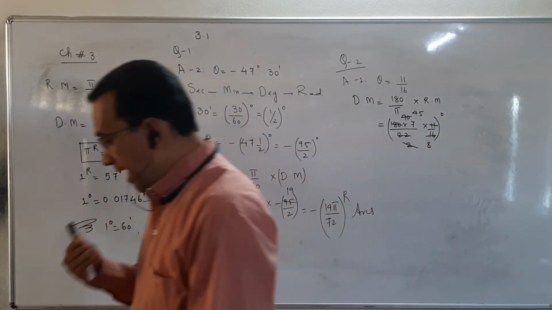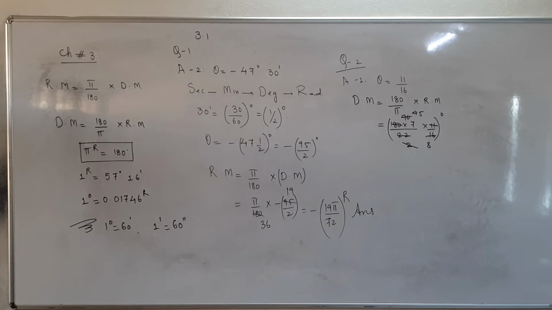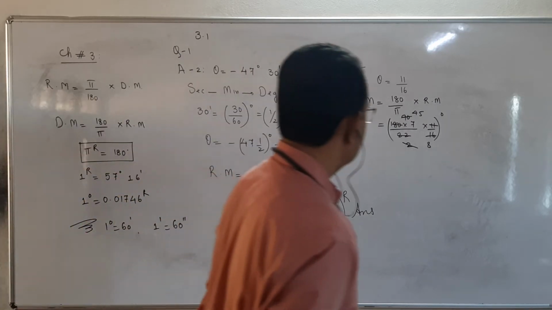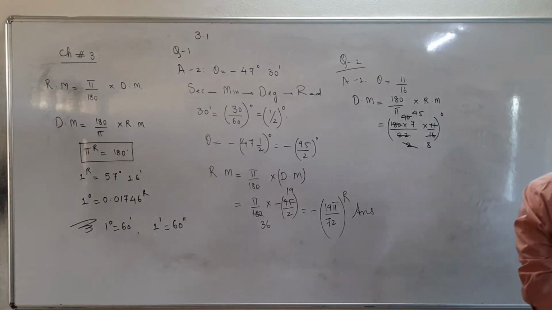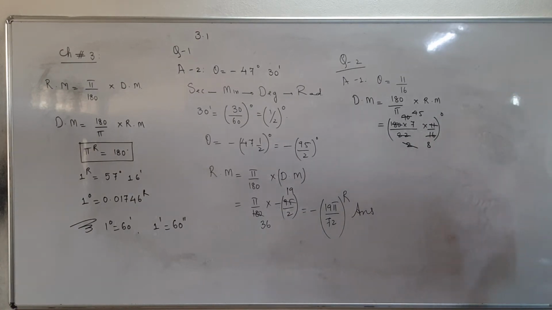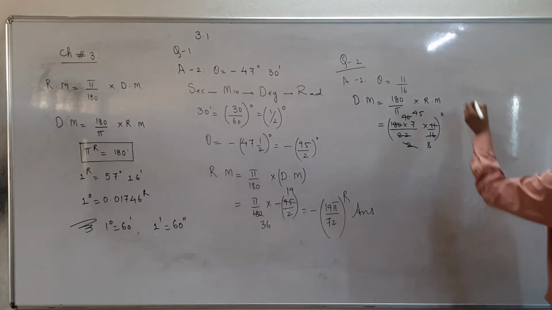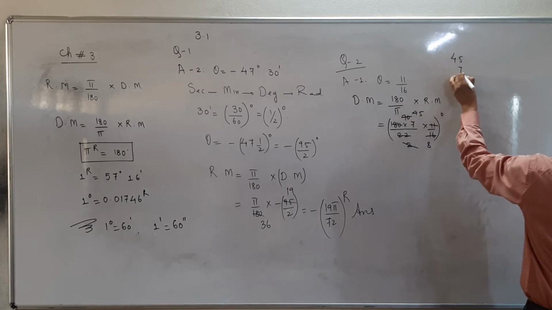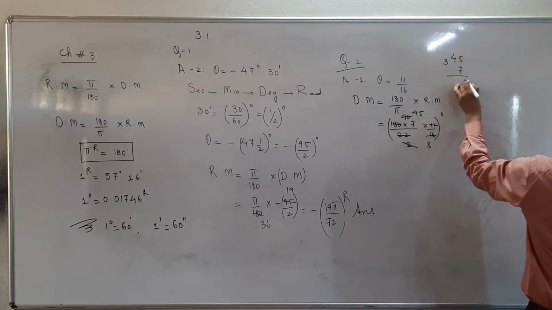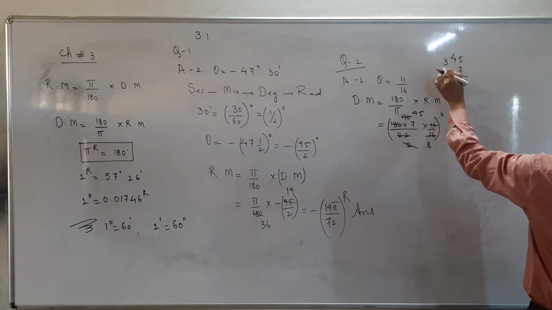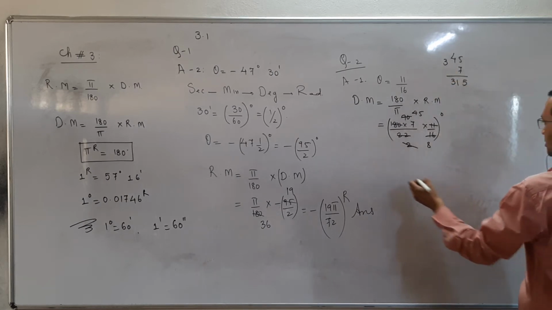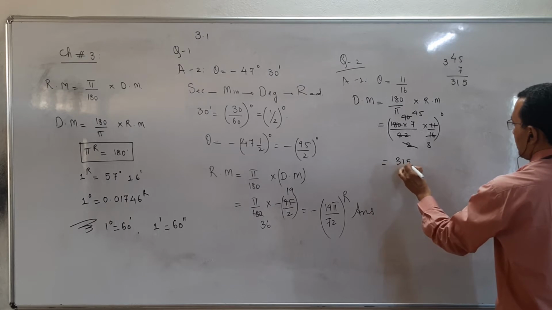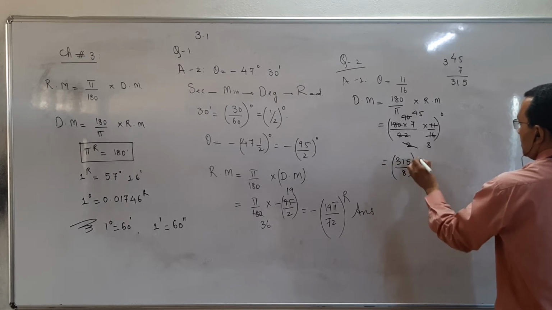Students, go at ease. One has to be very cautious. Now 45 into 7. 7 5s are 35, 7 4s are 28, and 3 is 31. So this becomes 315 upon 8 degree.